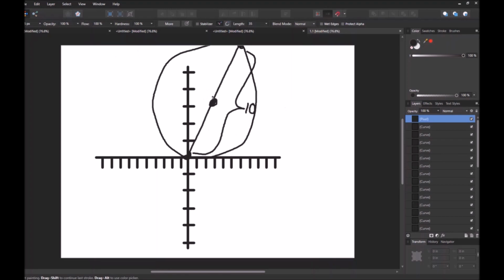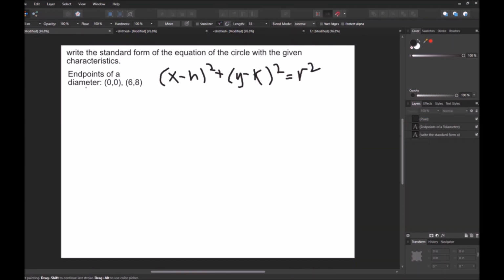The radius is half of the diameter. I hope that makes sense. Just know that the radius is just half of this diameter. So half of 10 is 5. So the radius is equal to 5.